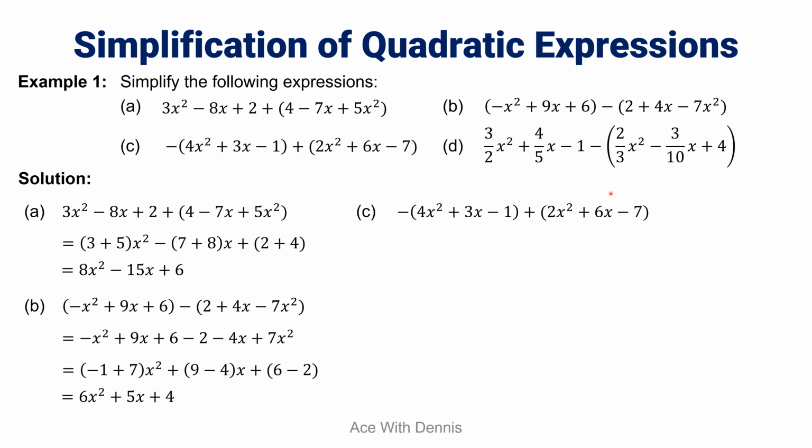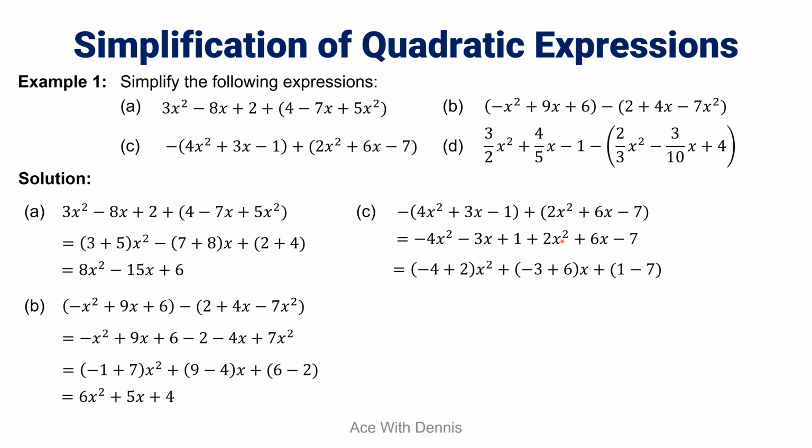But the second bracket, since the sign in front of the bracket is a plus, when we want to remove the bracket, there is nothing changed inside the bracket. So this will be the next step. It becomes from positive sign become negative sign. So 4x squared becomes minus 4x squared, plus becomes minus 3x plus 1, and the second bracket 2x squared plus 6x minus 7 remains unchanged.